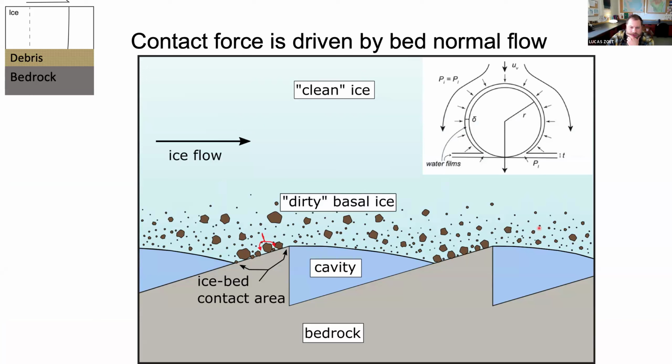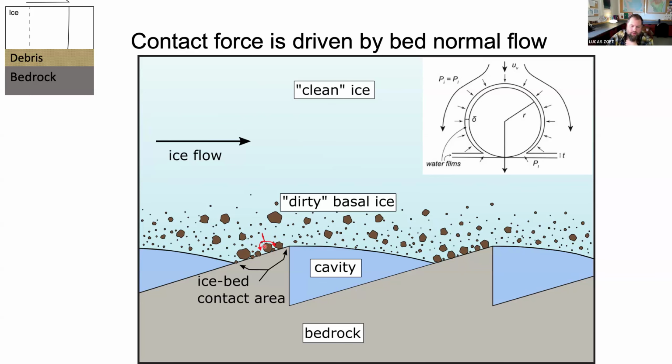Why is this important, or where does it become important? Well, imagine we go back to this scenario where we have a bed. In this case, it looks like a stair step, and there's a bunch of debris in the ice. And we have these cavities, right? And so there's only certain parts of the bed, like right here, where there's actually ice that has debris in it that's directly in contact with the bed. But in these areas, in order for it to move forward, the ice has to sort of flow around these bumps. And so it's extending, right?